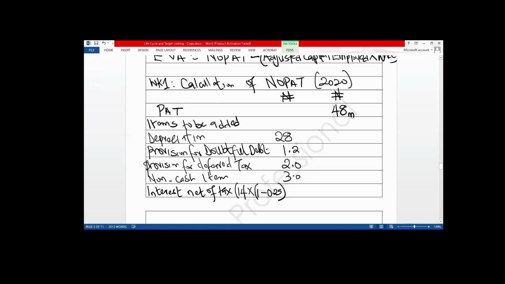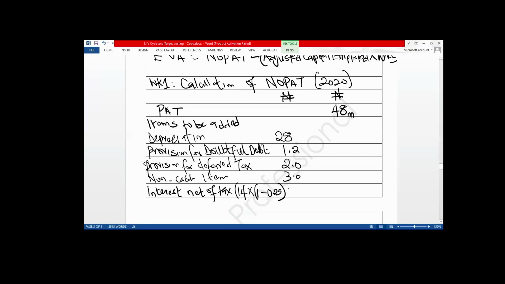You pick the finance charge. You now net off the tax. To do this, just say 1 minus the tax rate. That will net off the tax. The balance is the interest net of tax. Please compute. I don't know if I'm correct. I have 10,500,000.